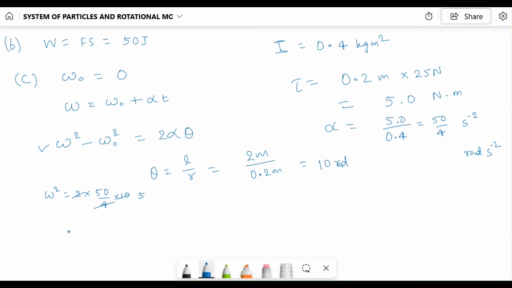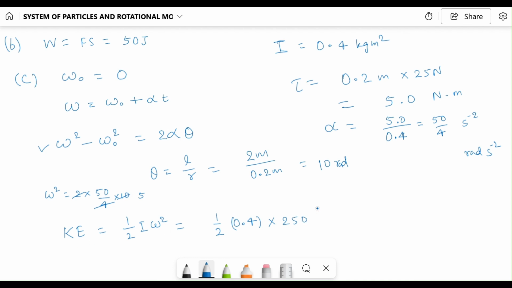Now, kinetic energy for this rotation will be 1 by 2 I omega square, and this is 1 by 2, I we have obtained here, 0.4 kg meter square, times omega square. Omega square is here 250.